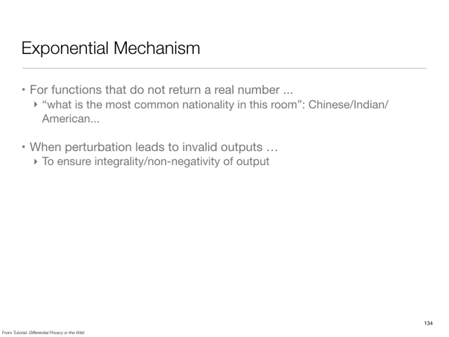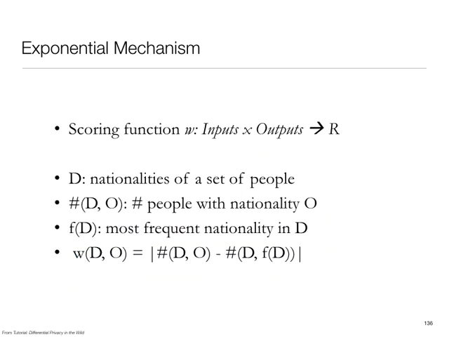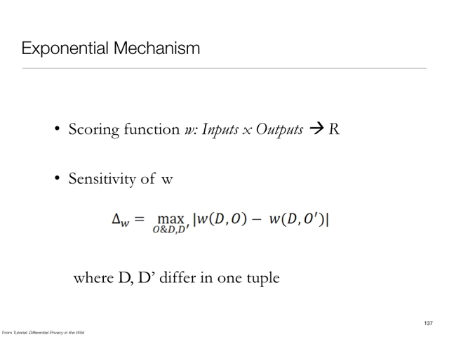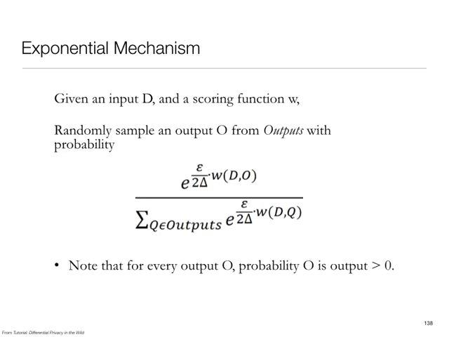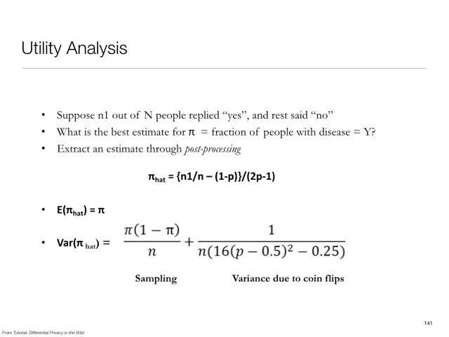In this particular case, it turns out that a different type of noise structure works better and is optimal, and that's the exponential mechanism. I'm going to skip over this part, but just wanted to mention that for these kinds of responses, there is a different structure that applies. Okay, let's see, what else do I want to say?